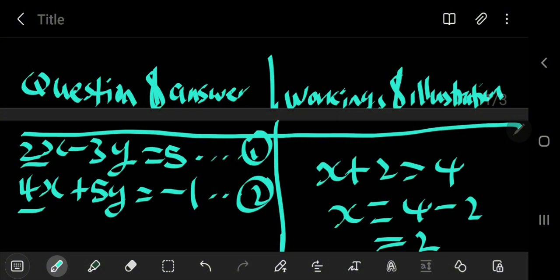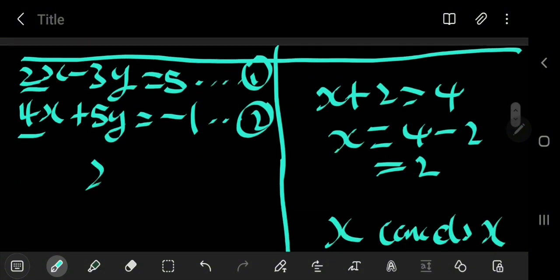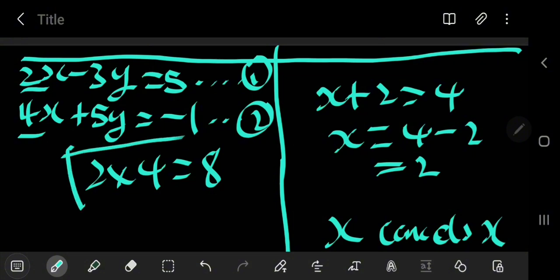First equation. Why? When you combine 2 times 4, you get an 8.